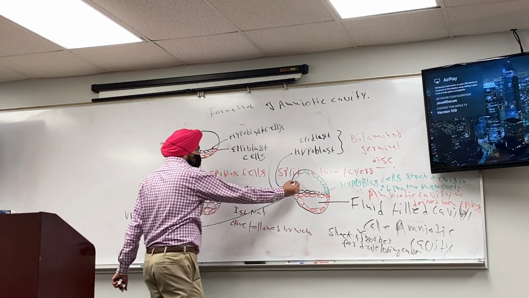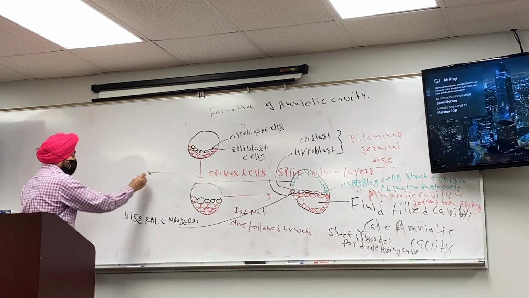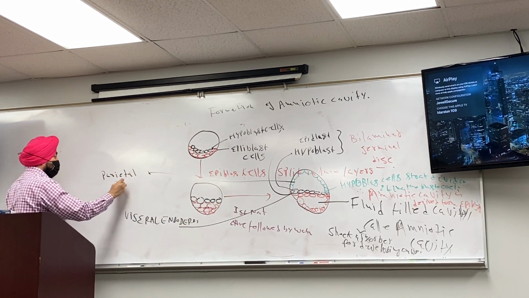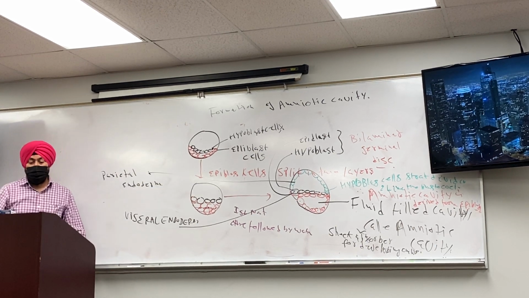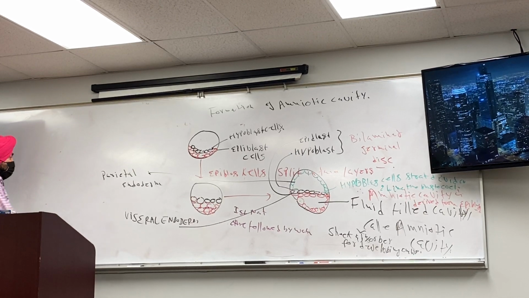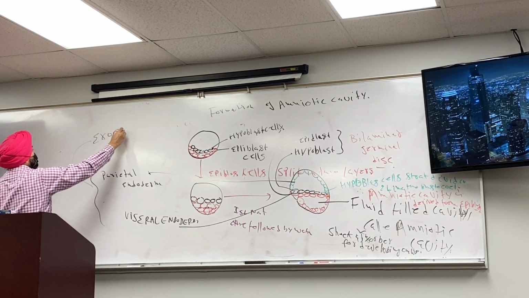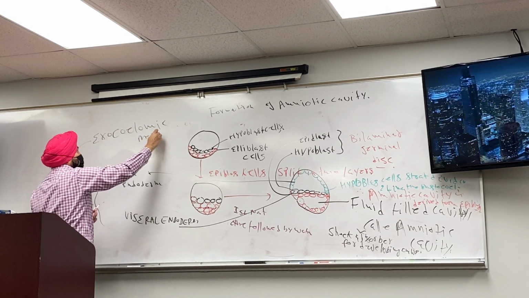And the cells which are lining above the blastocoel, these are called parietal endoderm. Okay. And these together are called exocoelomic membrane.